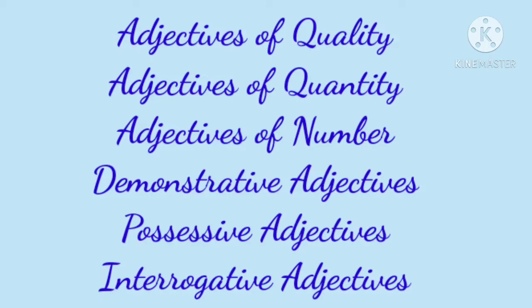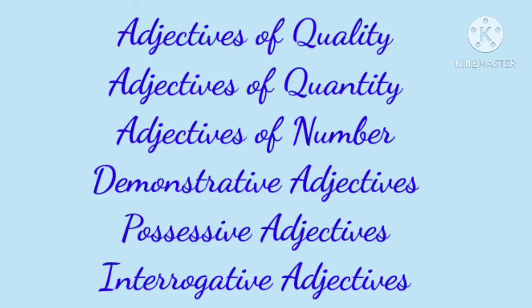Students, remember this thing: adjectives of number are always used with countable nouns. That means adjectives of number answer the question how many, how many people, how many things. Adjectives which tell us how many things or how many persons are meant are called adjectives of number.